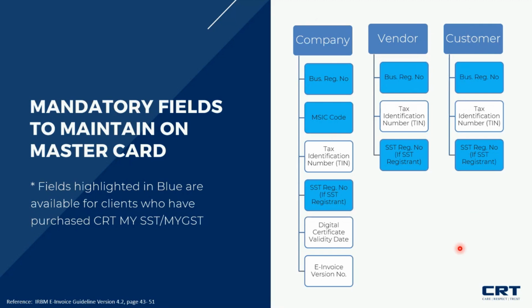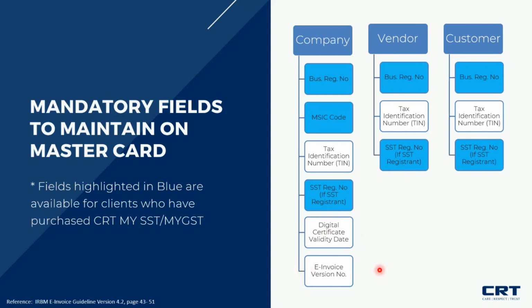The fields highlighted in blue are available for the clients who already have the SST or MyGST add-in from us. Basically the common part will be the TIN number. This is the TIN number for your own company, this is the TIN number for your vendor, and this will be the TIN number from your customer. The TIN number is very important here. The digital cert validity date is not being enforced now, so we will just skip this part.